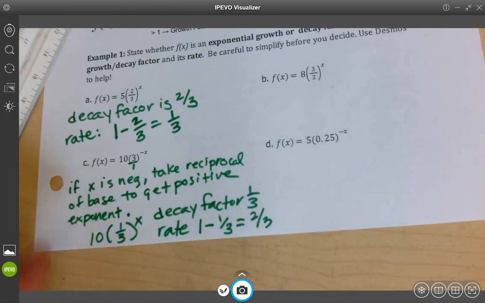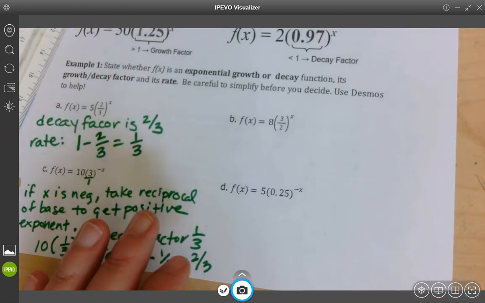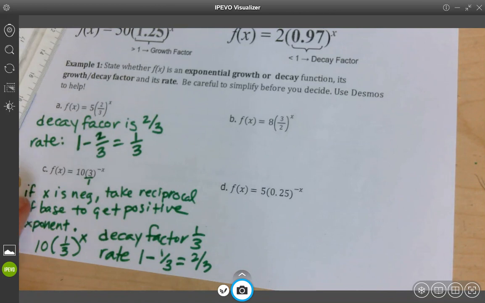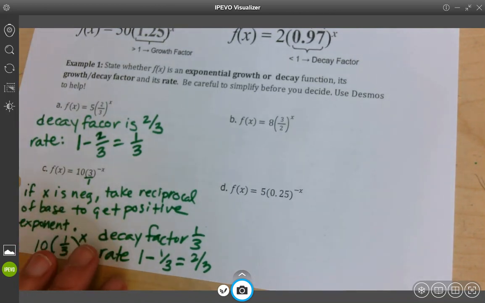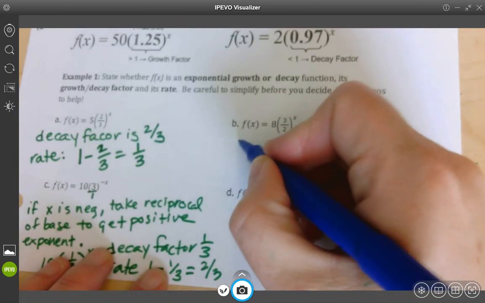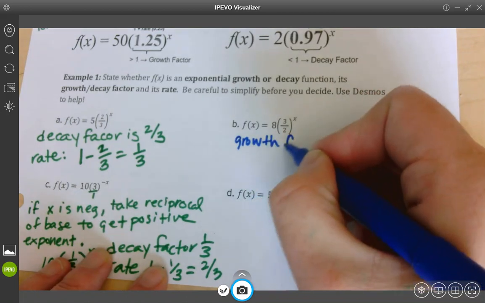All right, so you guys work on B and C for a minute. So B is growth or decay? What'd you guys get for B, growth or decay? Remember that it says if it's more than 1, then it's a growth. It's 4/1.